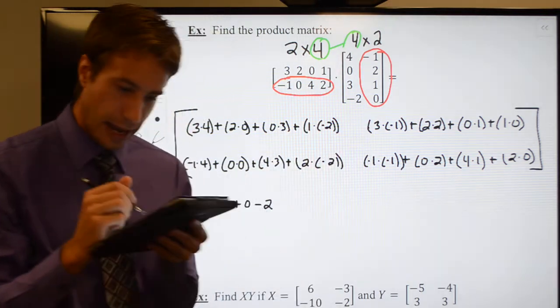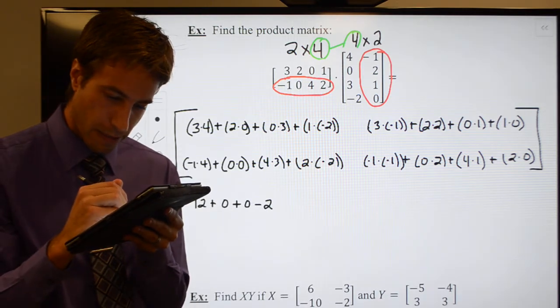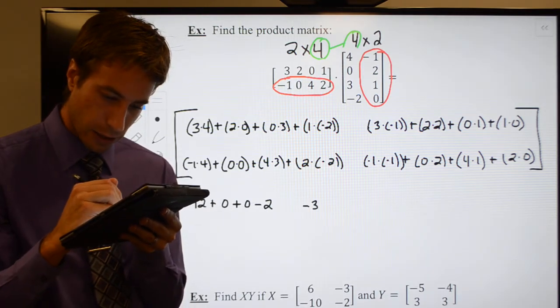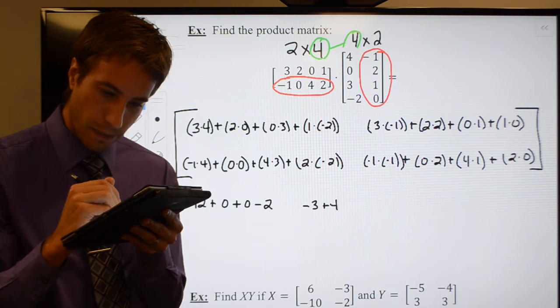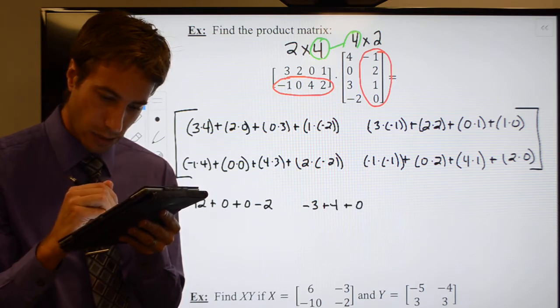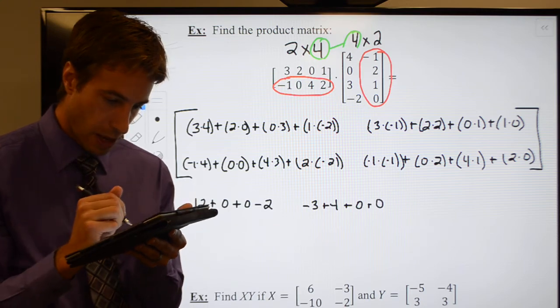Over here, 3 times a negative 1 is a minus 3. 2 times 2 is 4. 0 times 1 is 0. 1 times 0 is 0.